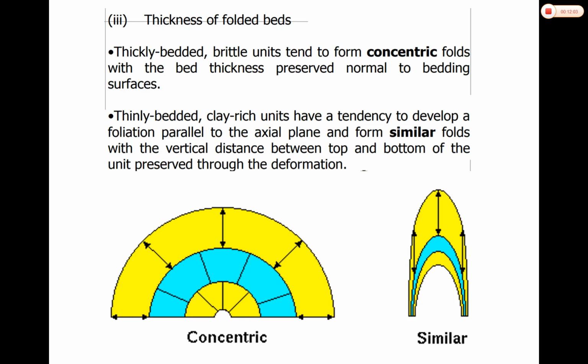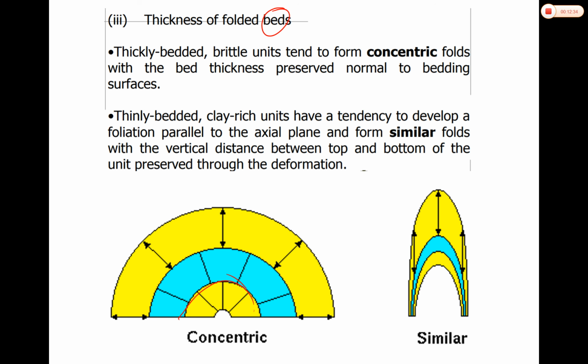And the last one that will affect the folding structure is the thickness of the folded beds or the folded layer. Beds means layer, the rock layers. Thickly bedded, where it is thick, the formations of the fold will concentrate like this, towards the center, it shows normal bedding space.